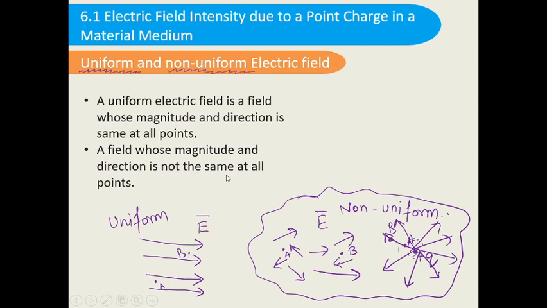Okay. So what is the definition? A uniform electric field is a field whose magnitude as well as direction is the same at all points.